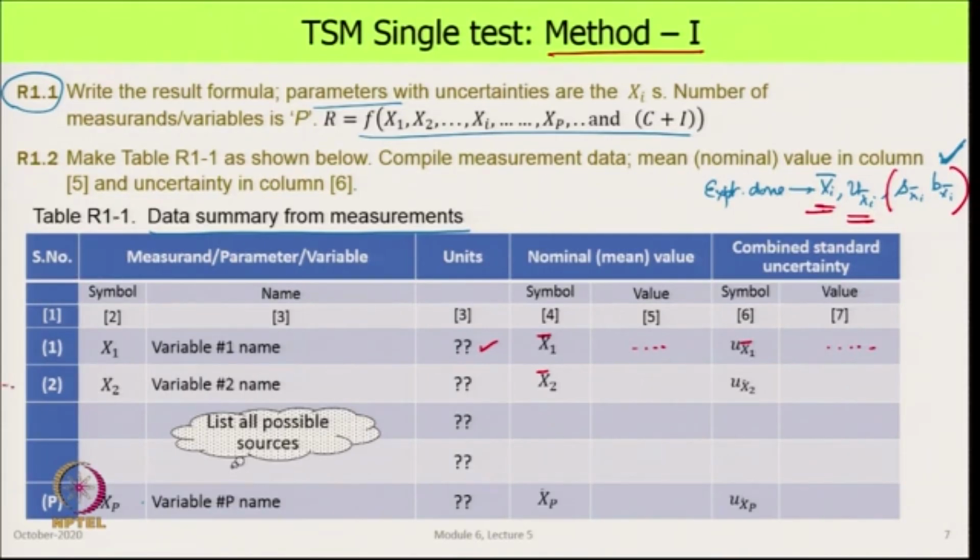We then repeat the same thing for the second variable x2 bar, u x2 bar, write all the values there. And that way we list all possible sources, all the instruments, all measurements, and complete this table for every variable, final one being xp bar, u xp bar.